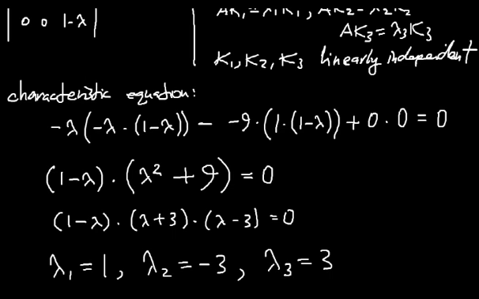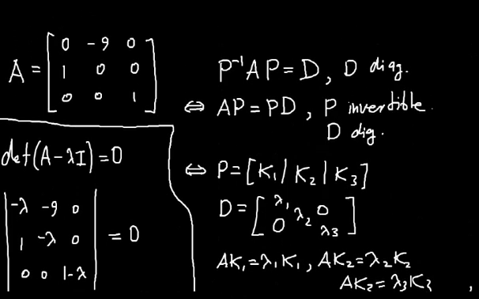So if the question was asking us to figure out whether the matrix is diagonalizable or not without finding the diagonalization, then by seeing that there are 3 separate eigenvalues, we could already know that the matrix is diagonalizable. And so we wouldn't have to find the eigenvectors.